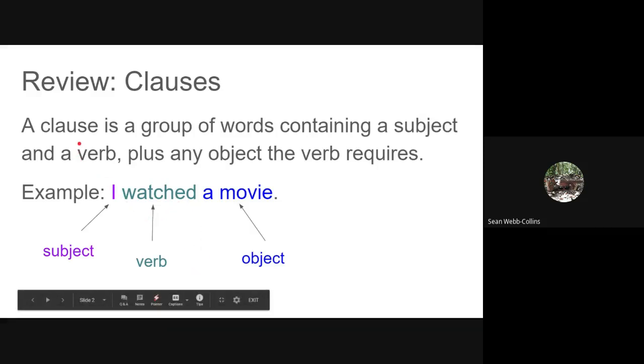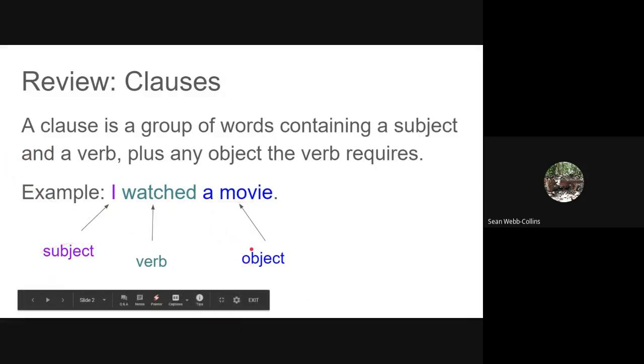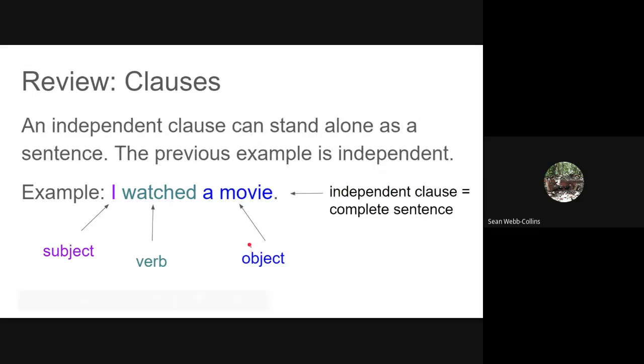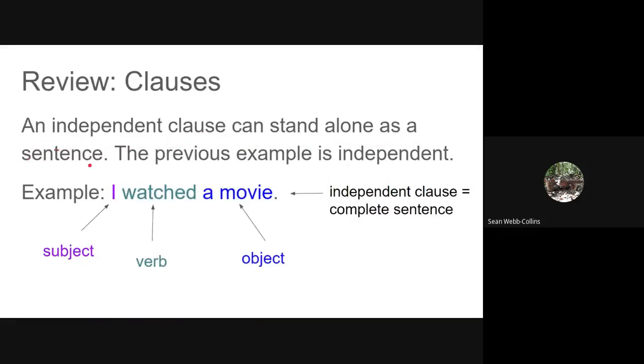Another way of reviewing what a clause is, we can think of a clause as the basic unit of grammar. A clause must contain a verb, and typically a clause is made up of a subject, a verb phrase, and sometimes a complement, as we discussed. An independent clause can stand alone as a sentence.